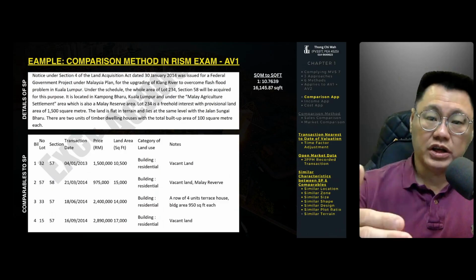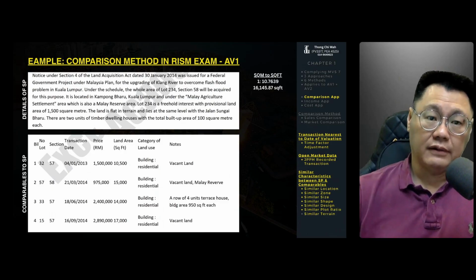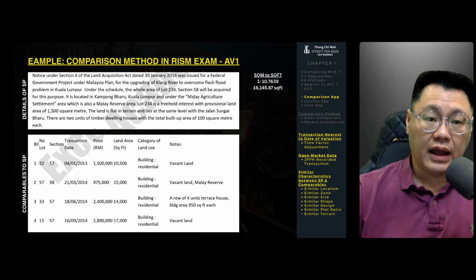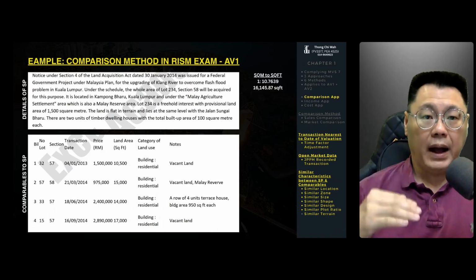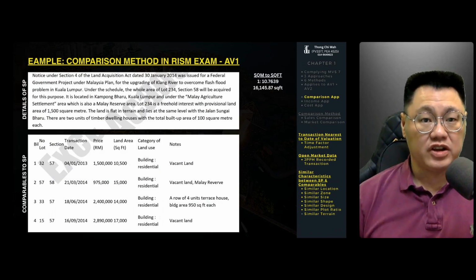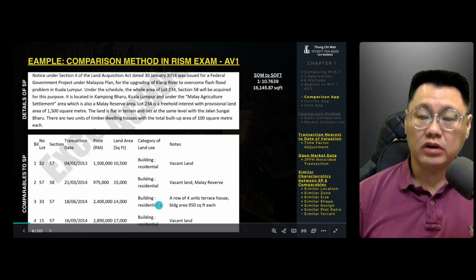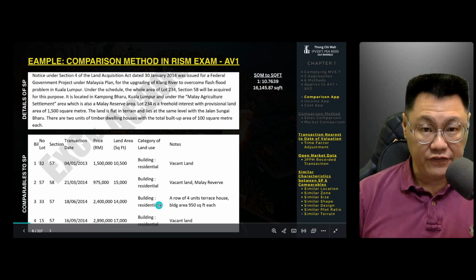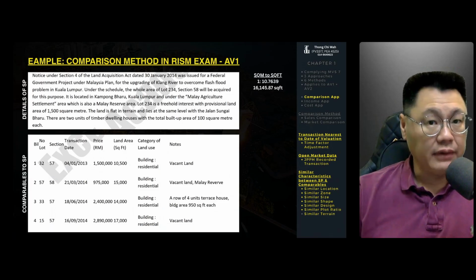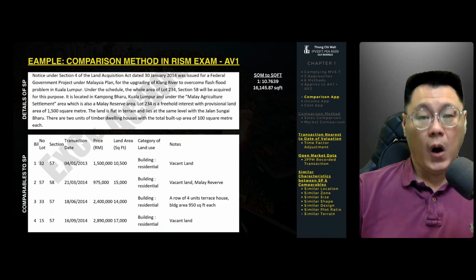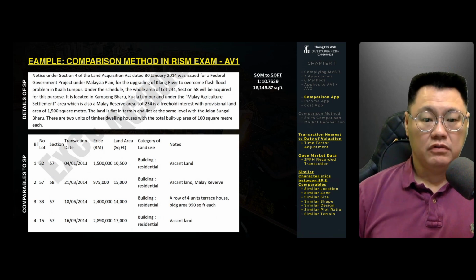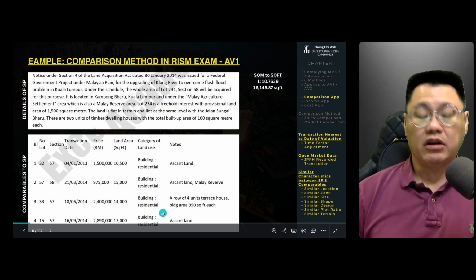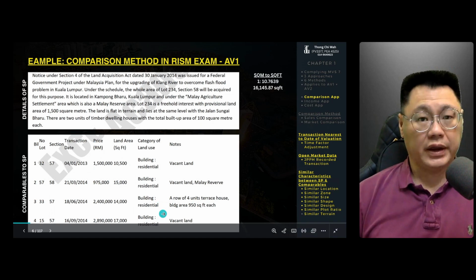So the question here is, since you understand that under land acquisition you must choose market value or open market or actively traded property, the third one obviously has no Malay reserve, no government land or institution land, or native people's land or Orang Asli land, right? So it's available for you to choose. And then, of course, the fourth one is also just vacant land.